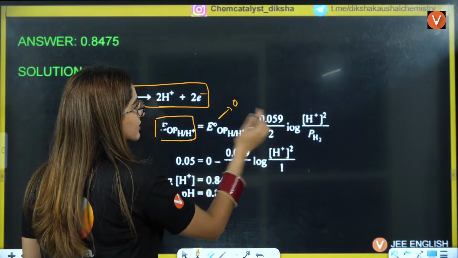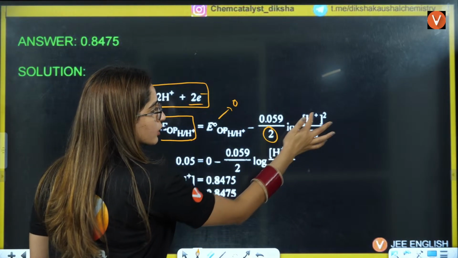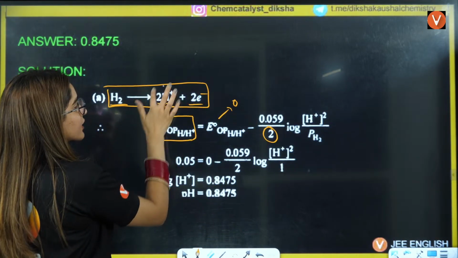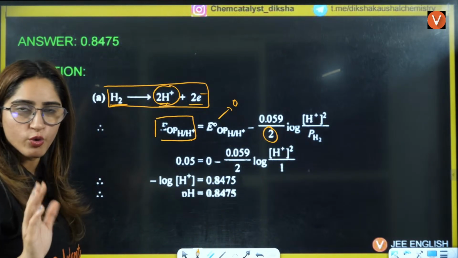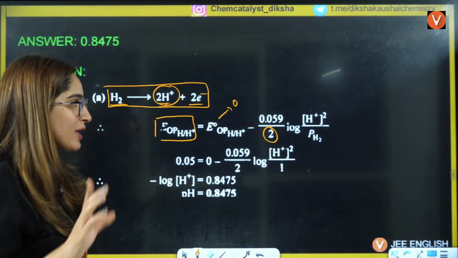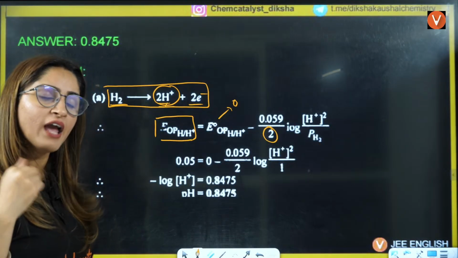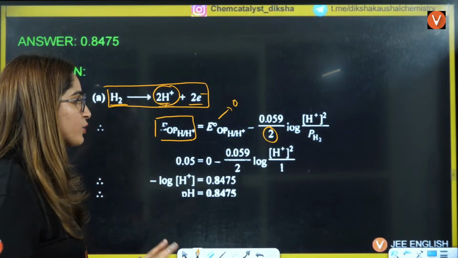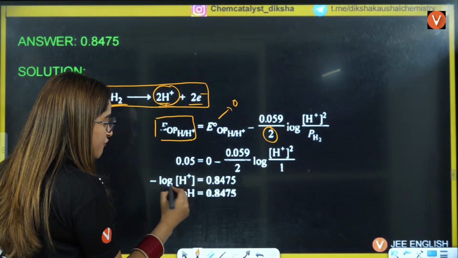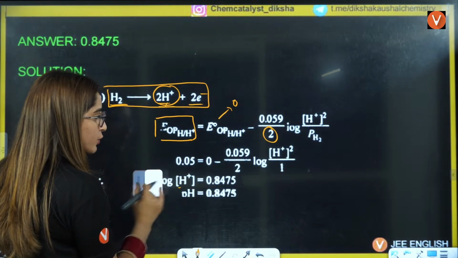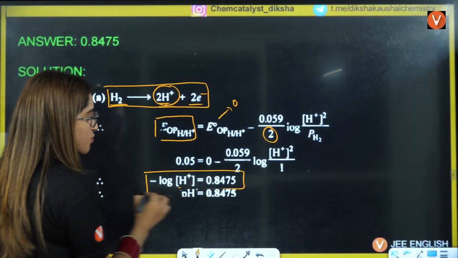So we put 2 electrons, that is the n factor, log of product by reactants. Product is H positive square, by reactant which is P of H2. Pressure of H2 is 1. If nothing is given, you will take it as 1. Even in the question, it will be given as 1 only. Right? Now, you solve this, you will get the value of minus log of H positive.